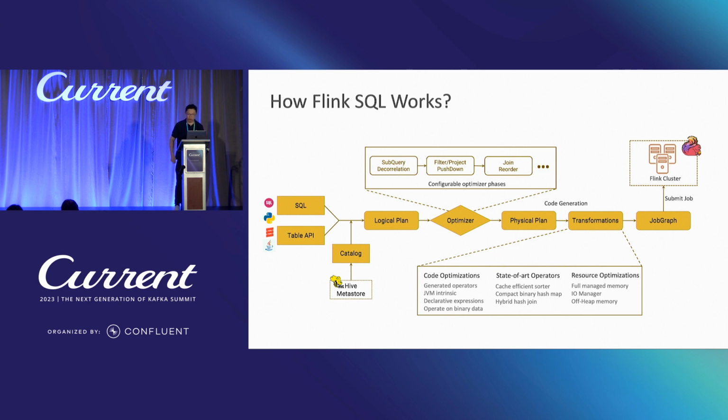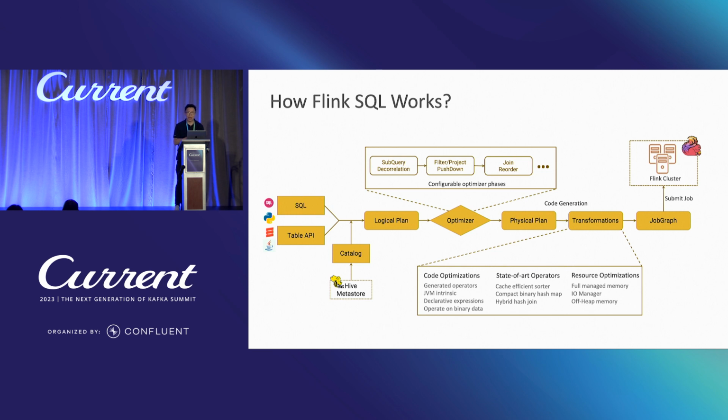Flink will convert the public API into those logical plans. The conversion will involve a catalog, as you can see in the figure. The catalog helps to look up metadata information and resolve functions and table paths. It can have a metastore or user-defined catalogs.